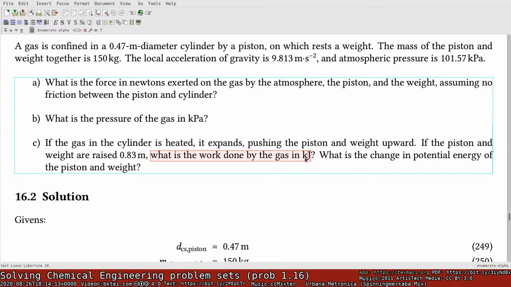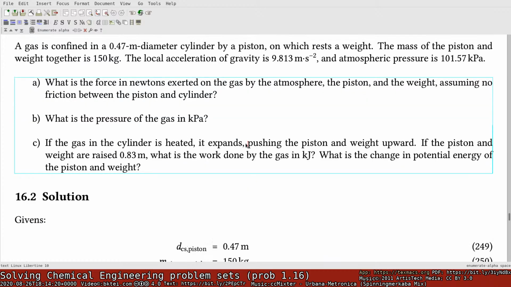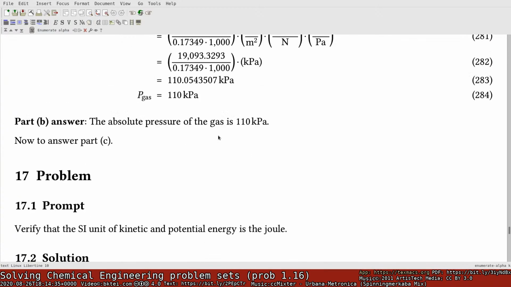Well, actually, that doesn't matter, because if the force is constant, because the piston and the weight and the atmospheric pressure outside isn't changing, the pressure of the gas will change, but that doesn't change the work done, because the work is just a function of F total. Okay, that's a cool concept.